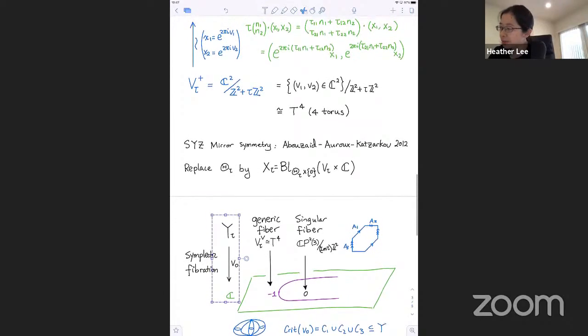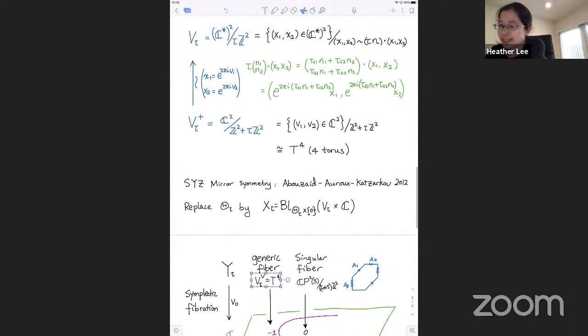The total space of this fibration Y is a 3-dimensional complex manifold, and the generic fibers of this fibration are V check. So this V check is actually a 4 torus, but it's related to this V. V check is actually the mirror to V.